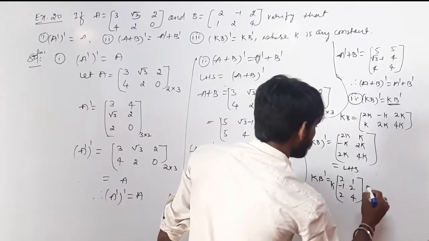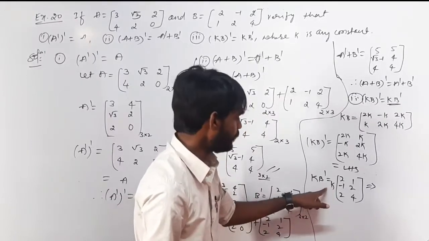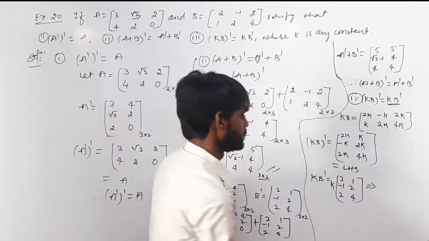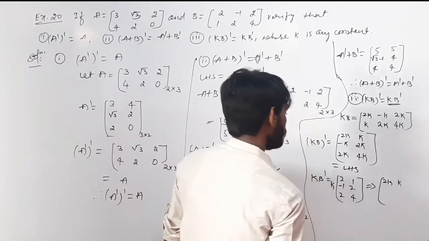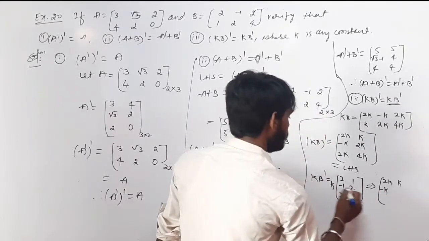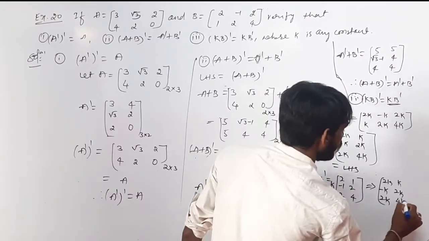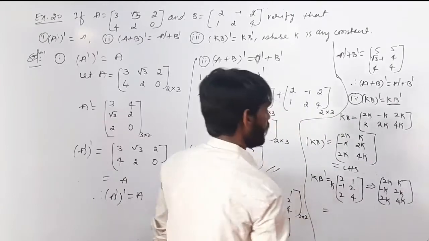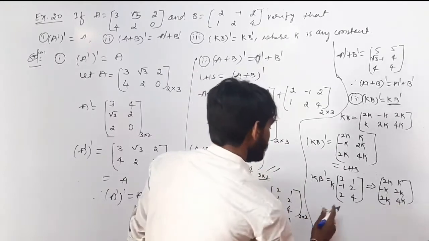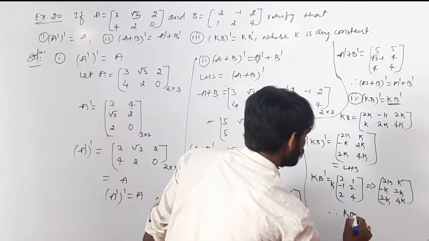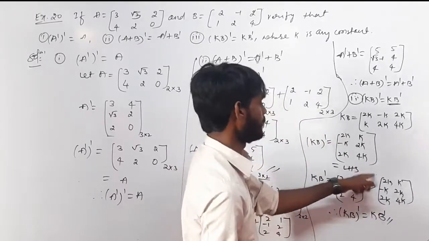Now k is a constant, so we multiply all the elements of the B matrix by k: k into 2 is 2k, k into 1 is k, k into minus 1 is minus k, k into 2 is 2k, k into 2 is 2k, k into 4 is 4k. Now look here, kB whole dash is equal to k into B dash, therefore k into B whole dash is equal to k into B dash. Both matrices are equal.